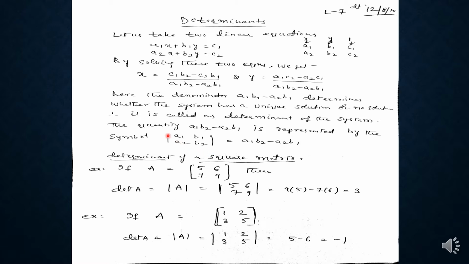Matrices are enclosed between square brackets or parentheses, and a matrix is a structure. It contains some elements in rows and columns. That is only the structure. Here the determinants are represented between two bars, and it gives a numerical value, a1 b2 minus a2 b1. So that is the difference between the determinant and the matrix.